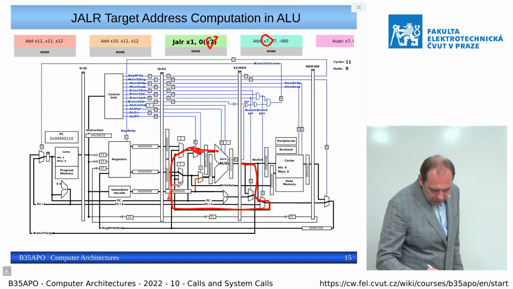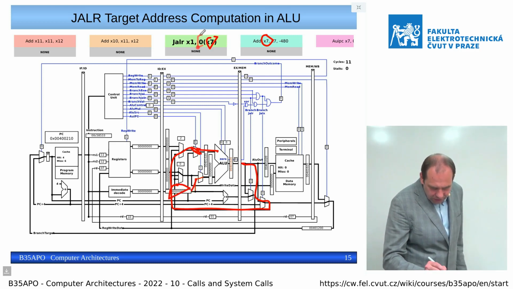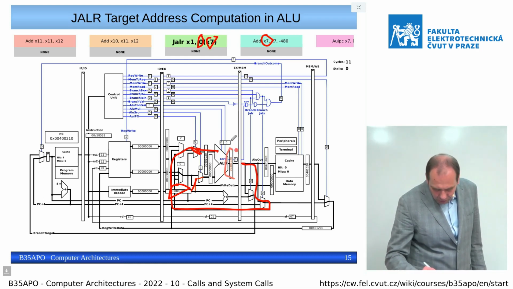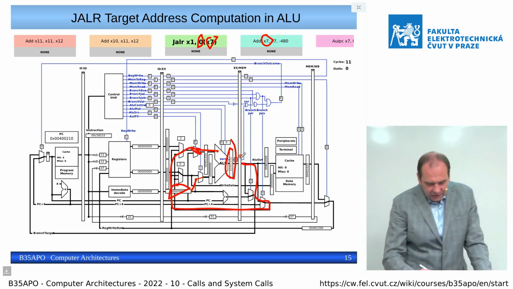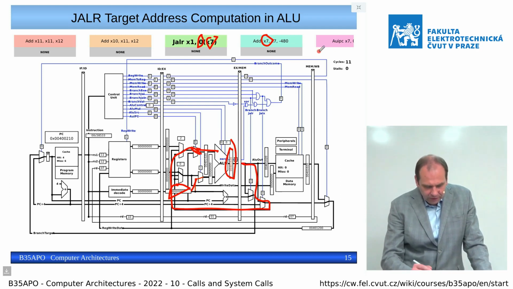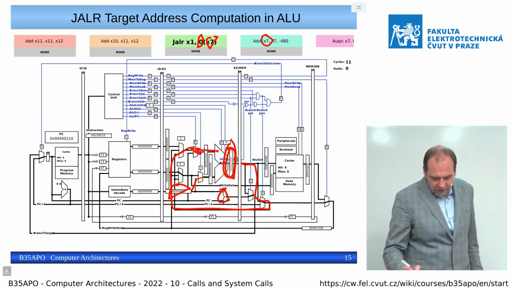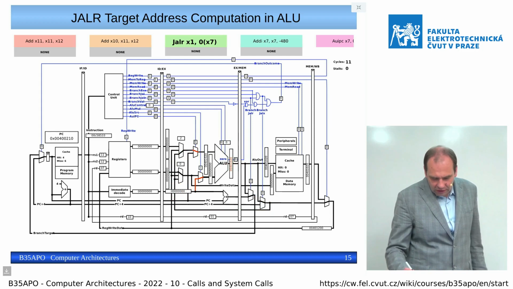The other input is in this case 0, because we have a 0 offset in jump and link. And then the target address is computed. It is again the same as for the previous example. So we have the target address, but in this case it is not computed here, but on the arithmetic logic unit.